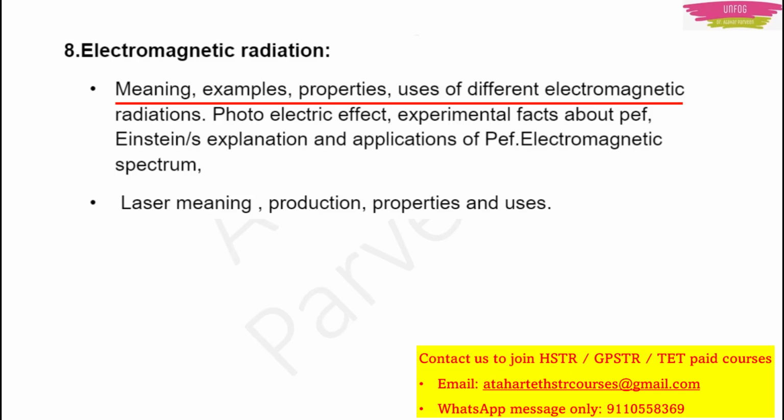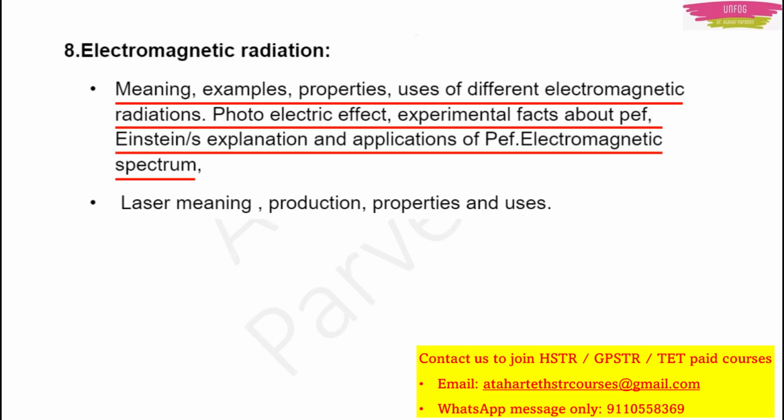In the second lecture, we discussed the photoelectric effect, the experimental facts, Einstein's explanation and applications. It is better to watch these video lectures in order. First watch those previous lectures, then this present lecture. In this lecture, we are going to talk all about lasers, the meaning of lasers, how they are produced, and what are the properties and uses of laser.